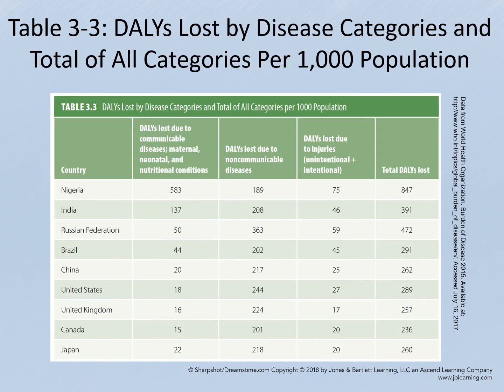And disability adjusted life years lost by disease categories. We saw that disability adjusted life years help us to examine the impacts that specific diseases and risk factors have on populations. It provides an overall measure of population health status.